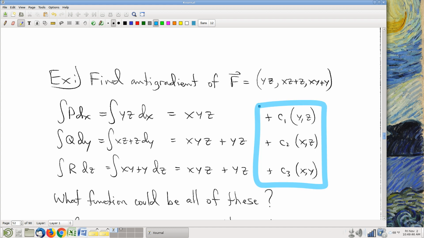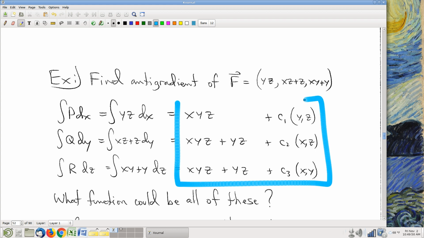And now begins the game. So I'm looking for some function f that could be equal to all three of these things. Well, is it possible? First reaction might be to say no, because look, that's different from that. These things are different, therefore there's no one thing that can equal two different things. That just loses, right? Until you remember, oh wait a minute, there is this business over here.